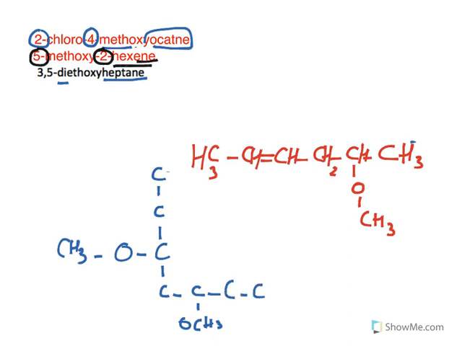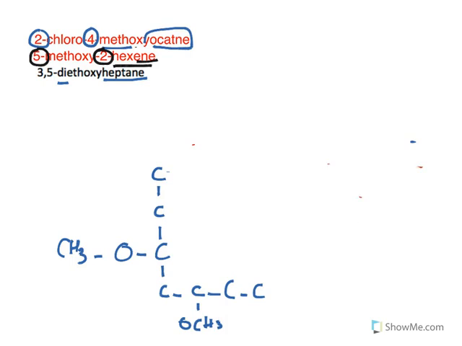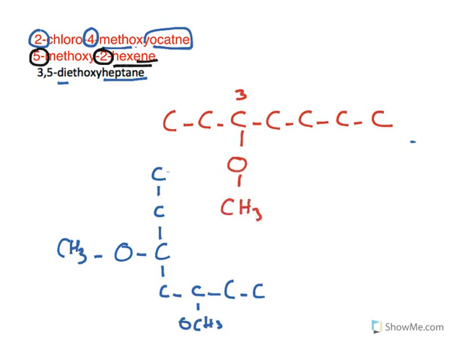So the best way to draw this, we first put a chain of 7 carbons. So let's do it over here. 1, 2, 3, 4, 5, 6, 7. On the third carbon, I have a methoxy group, and on the fifth carbon, I have another methoxy.